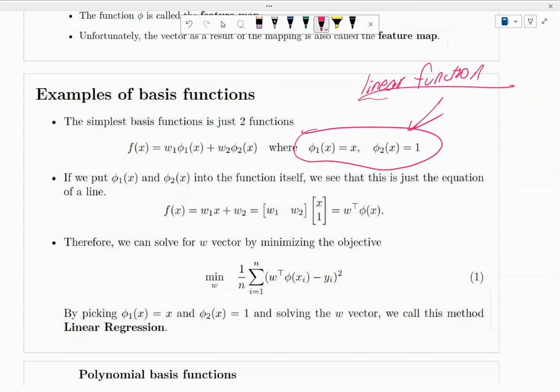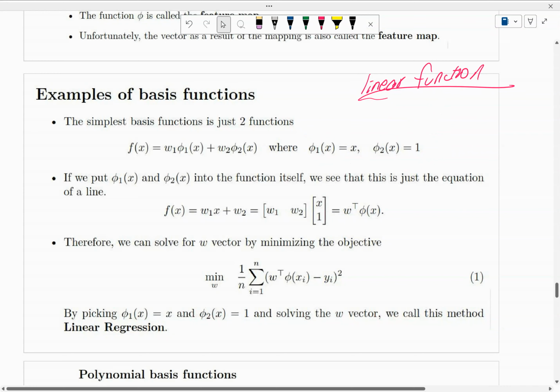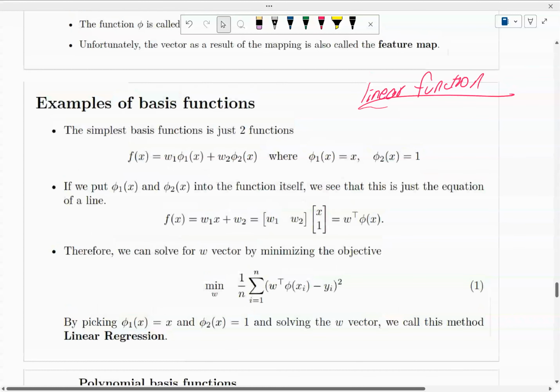When in doubt in science, they tend to just pick this one because it's really, really easy. Therefore, instead of phi 1, phi 2, phi 3, phi 4, there are only two functions, phi 1 and phi 2, and you're simply trying to find two numbers, W1 and W2.